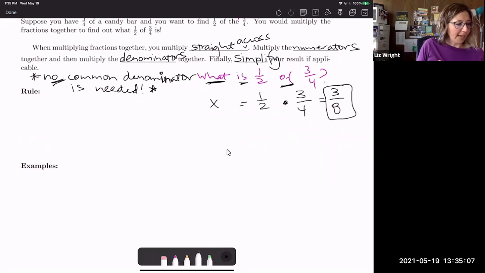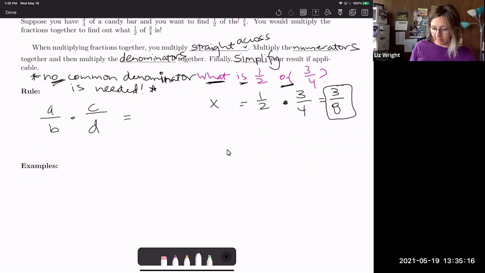What if we have A over B times C over D? We end up getting A times C over B times D, and then we get AC over BD. And that would be your answer. Sometimes we reduce at the end too.